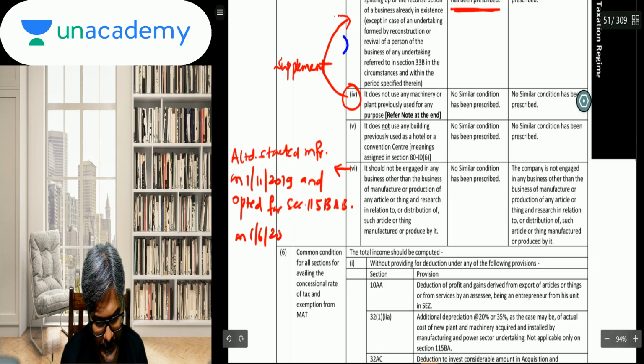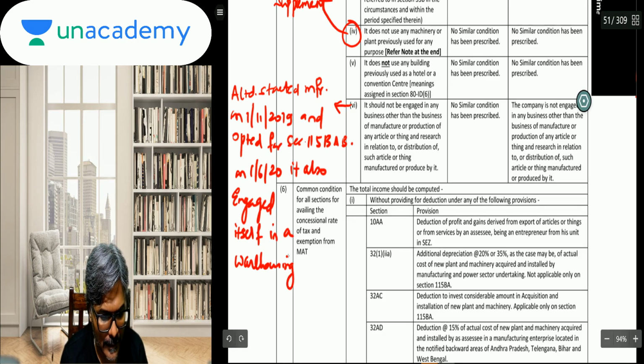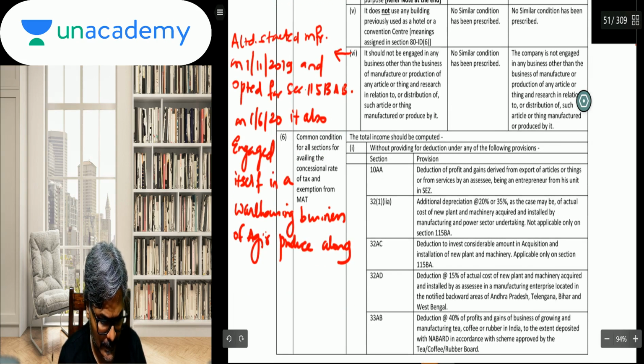On 1st June 2020, it also engaged itself in a warehousing business of agricultural produce along with the manufacturing operations. Full stop.